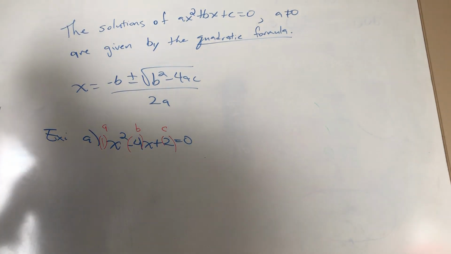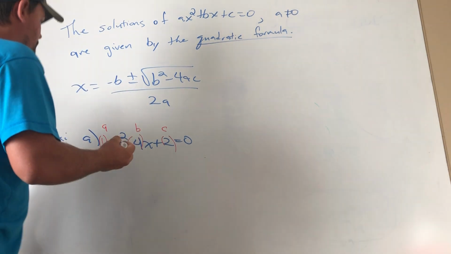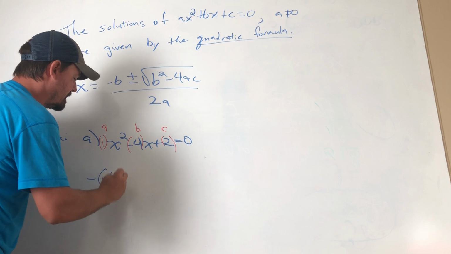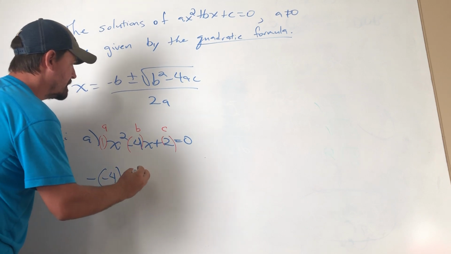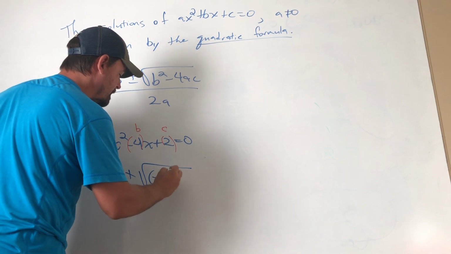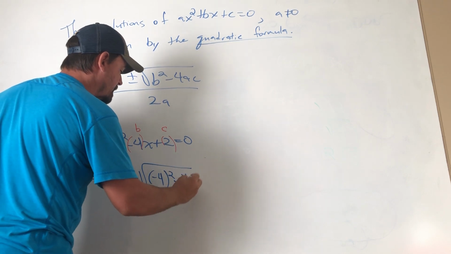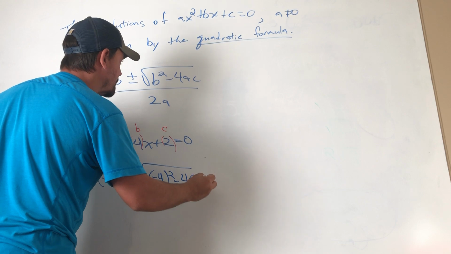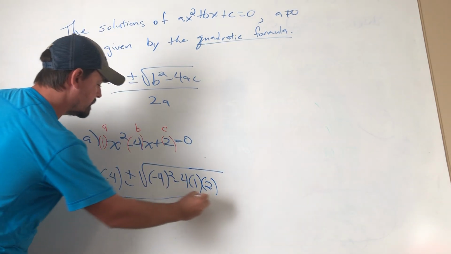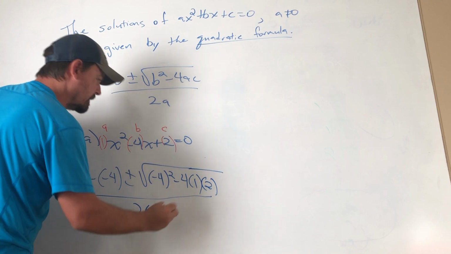So if I write this in the quadratic formula, negative b is going to be negative 4, plus or minus the square root of b squared, so that's negative 4 squared, minus 4, a here is 1, c here is 2, all over 2 times your a, which was a 1.